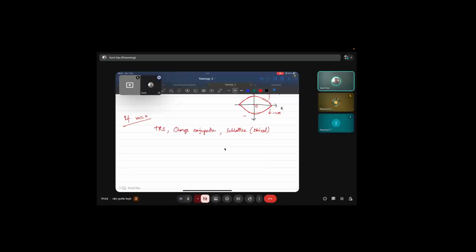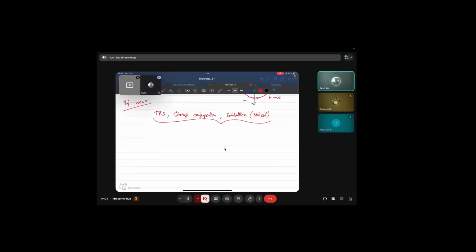So once these three symmetries are there in a system, what we call this is the BDI symmetry class. These are named by some scientists. I actually forgot the name of the main people who invented it. Later it was revised, extensively studied and developed by other people also.